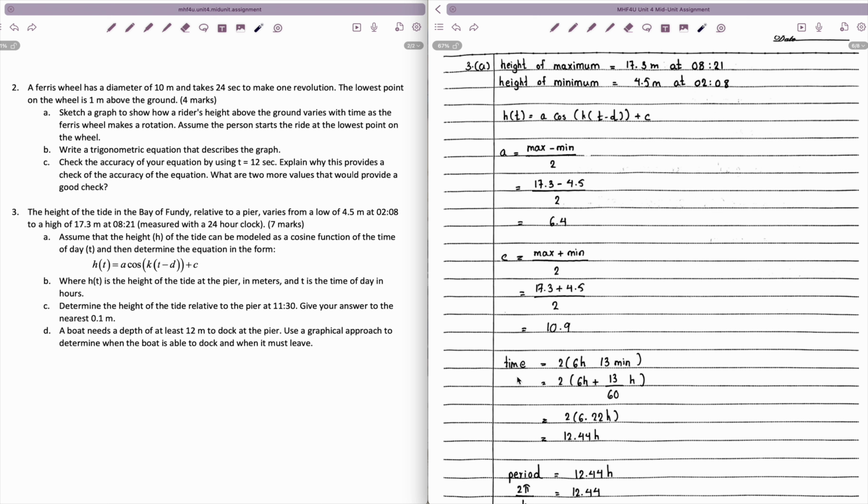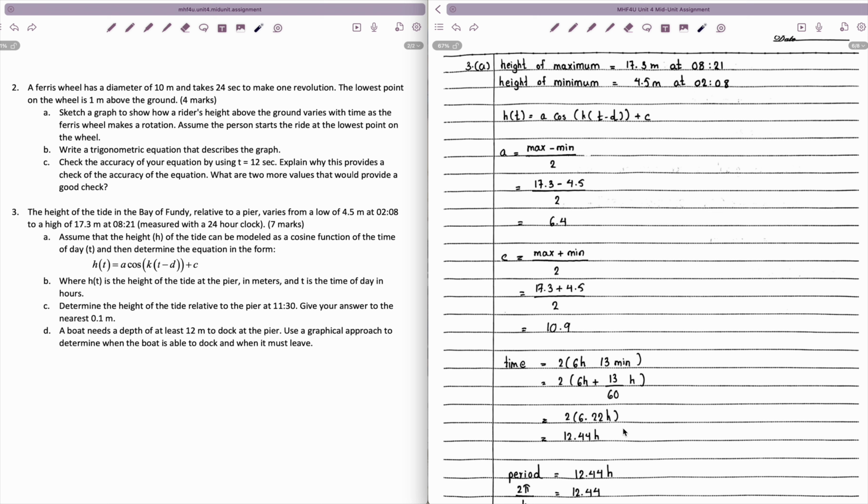And determine the time: the height of the maximum is at 8 hours 21 minutes, and the height of the minimum is at 2 hours 8 minutes. So 8 hours 21 minutes minus 2 hours 8 minutes, we get 6 hours 13 minutes. We need to convert the minutes to hours, so we divide by 60, and we get 6.22 hours.